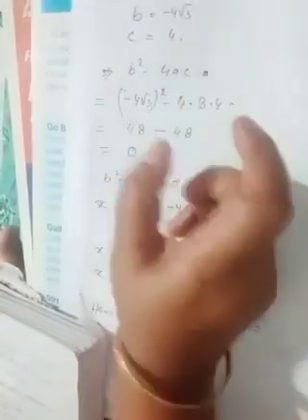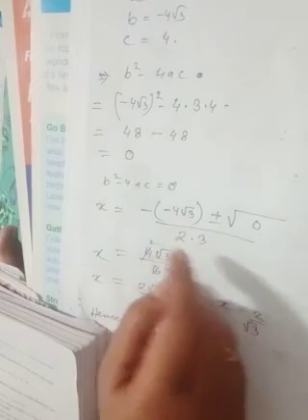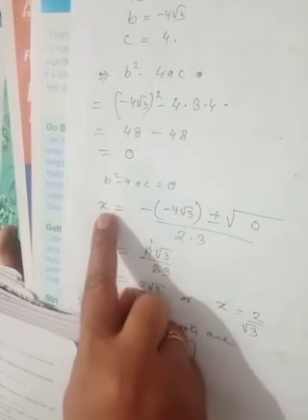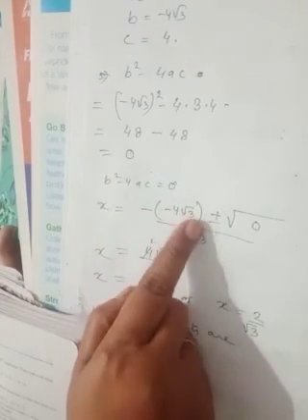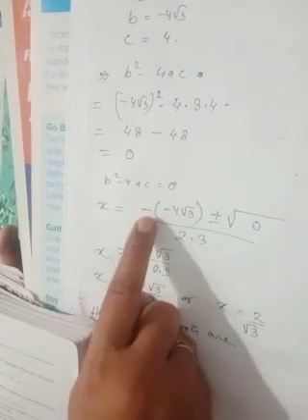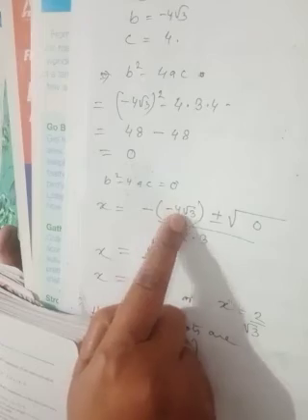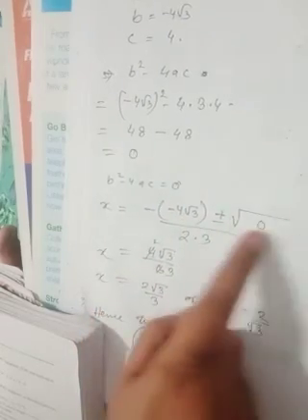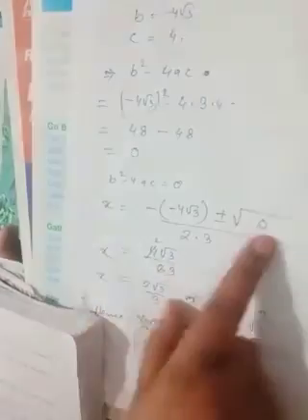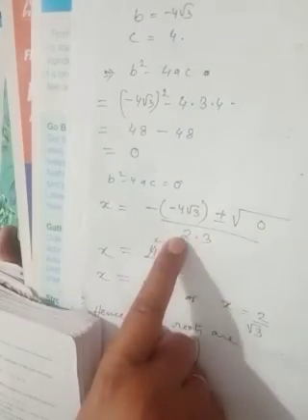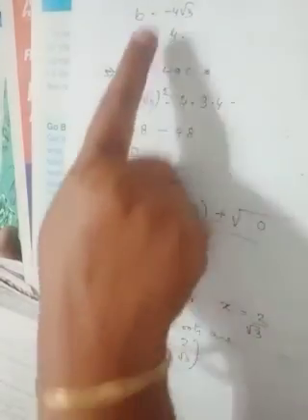So now putting the value of a, b, c in the formula, x is equal to minus b plus minus root over b square minus 4ac. So minus into, putting the value of b in the bracket, minus 4 root 3 plus minus, then we know the value of b square minus 4ac, that is 0, by 2 into a, that is a is equal to 3.